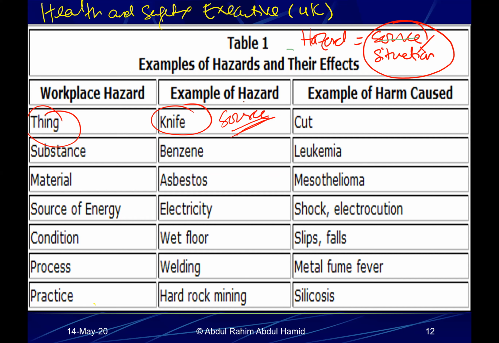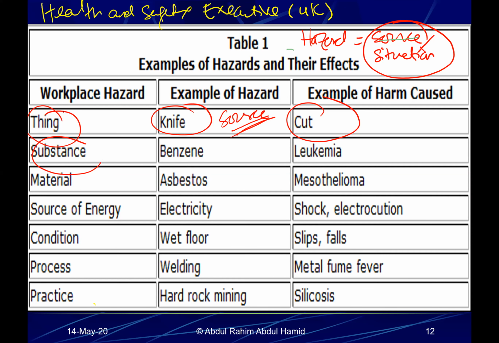Why? Because it can cause harm, such as cuts. In fact, people can get killed if a lot of blood comes out of the body. So that is an example. A knife is an example of a hazard because it can be harmful.